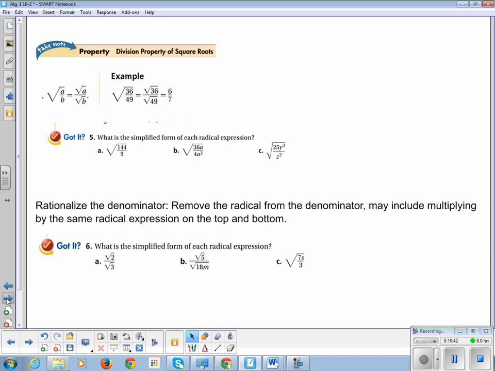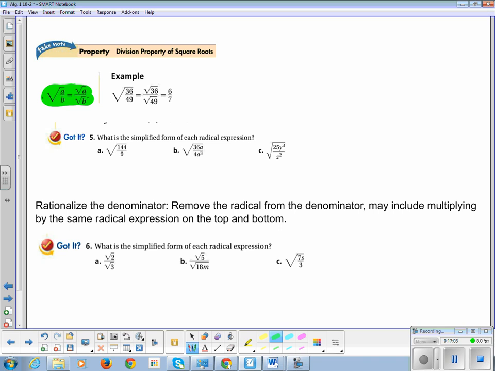Okay, so just like multiplication, when we divide, or write as a fraction underneath the square root, we can take each of those individual components and square root the top and square root the bottom. We don't have to keep them together.